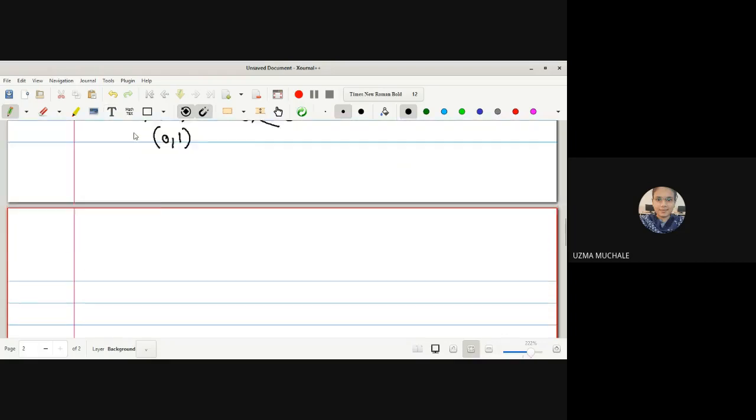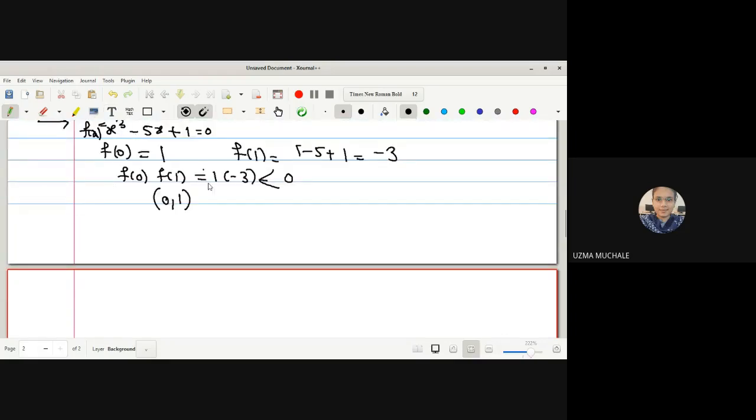Now we have selected the interval 0 to 1, which we can rename as a0, b0.